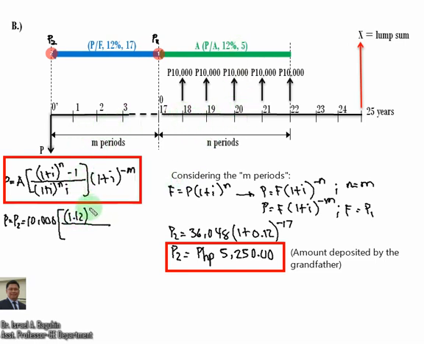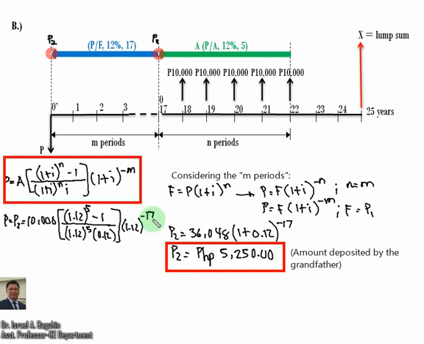So raised to the fifth minus 1, and then 1.12 raised to the fifth times this I of 0.12, and then we multiply this with 1.12 raised to the negative m, which is the m period, so 17 years.